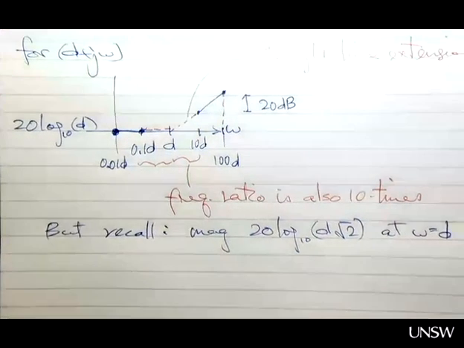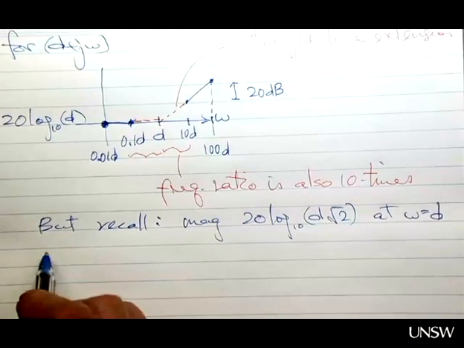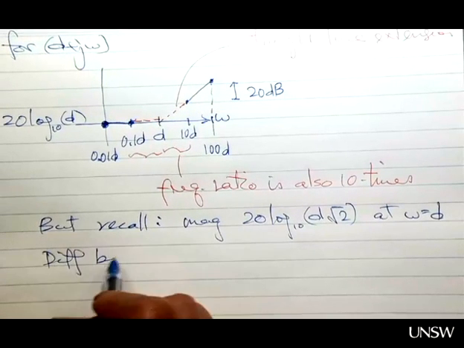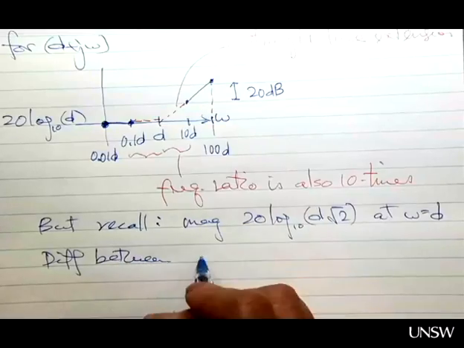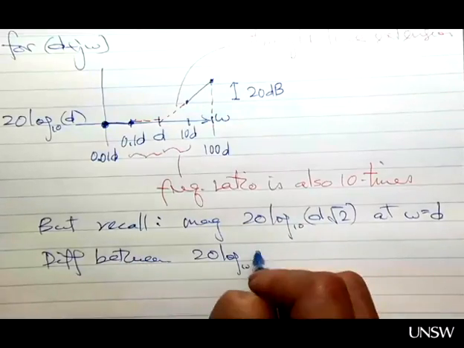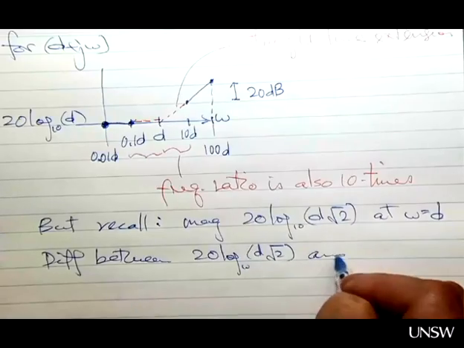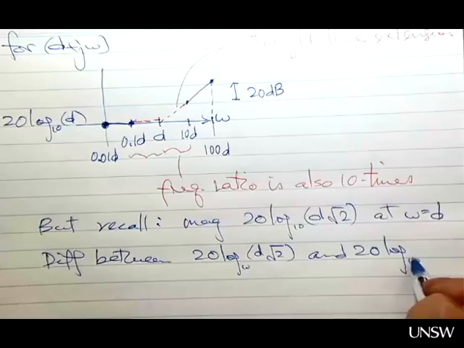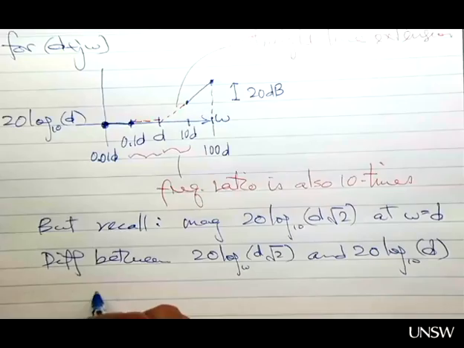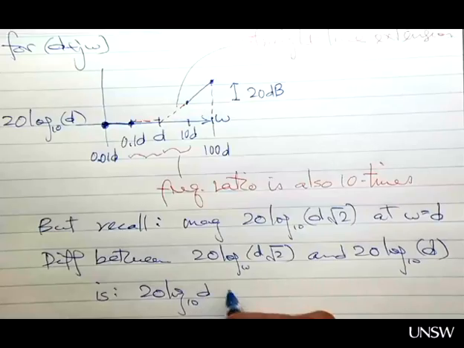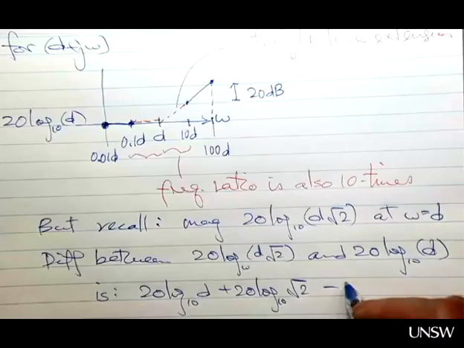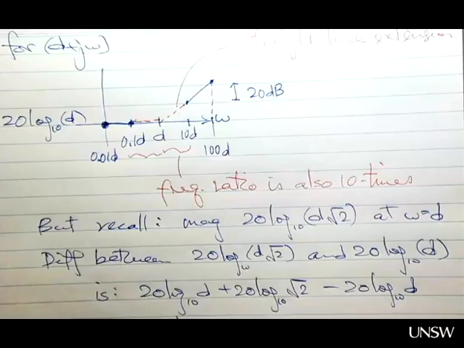So the difference is 20 log10 d plus 20 log10 root 2 minus 20 log10 d, so it is 20 log10 root 2, which is 3 decibel.